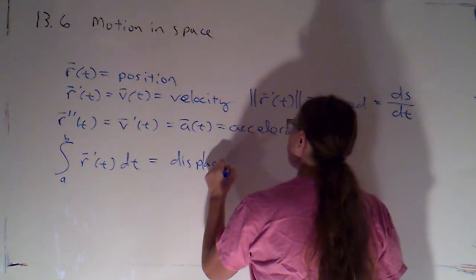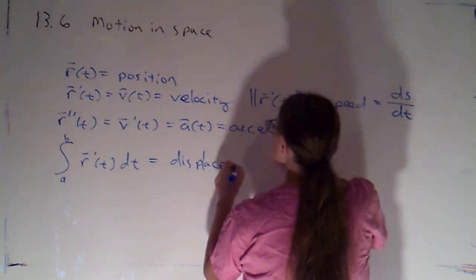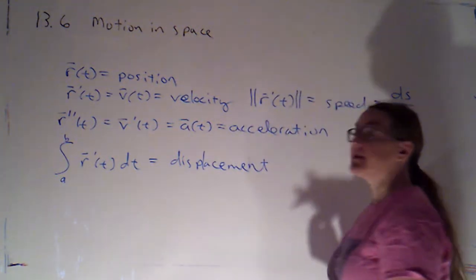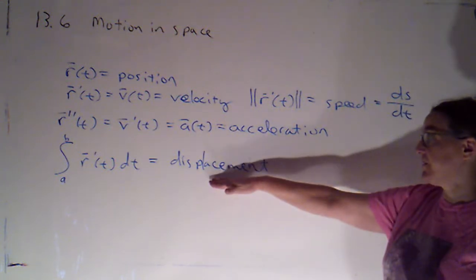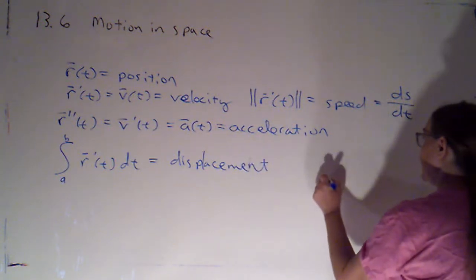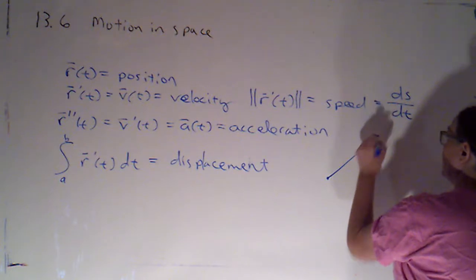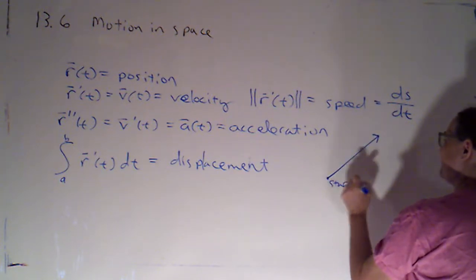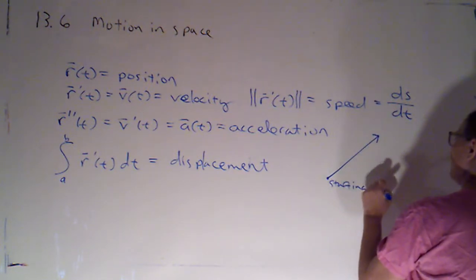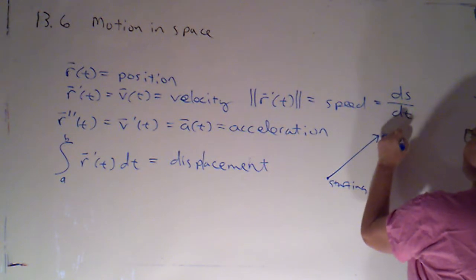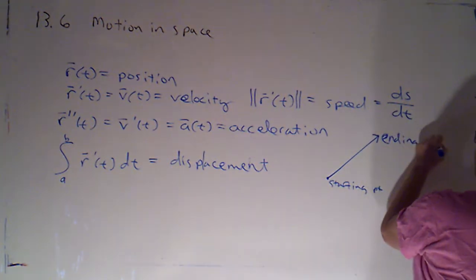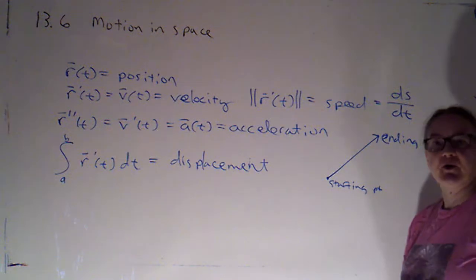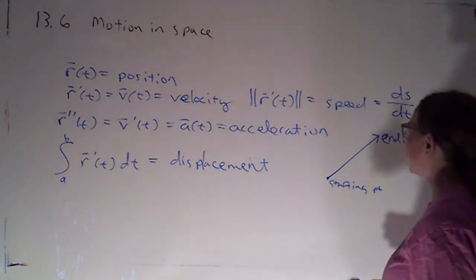So just like with real valued position functions, if you integrate velocity, you get displacement. With a vector function, displacement is a vector. It would just point from my starting point to my ending point for whatever path I had traveled.